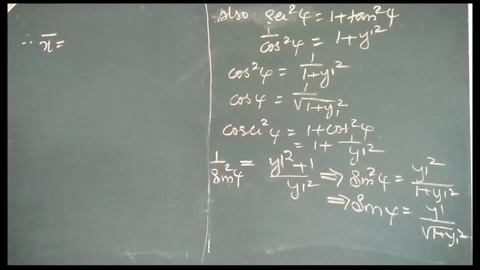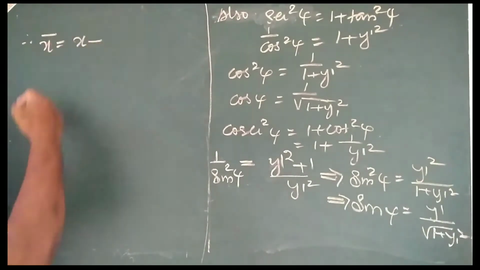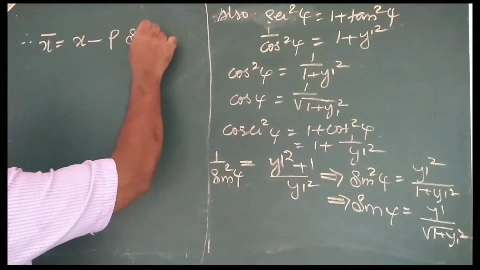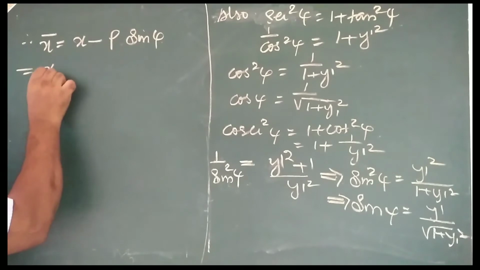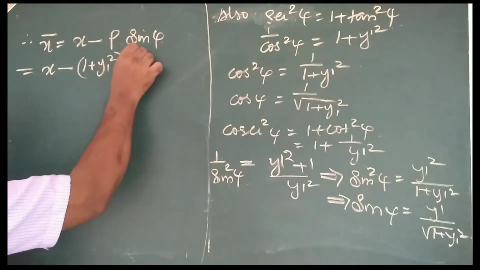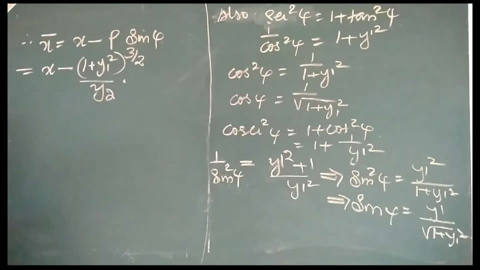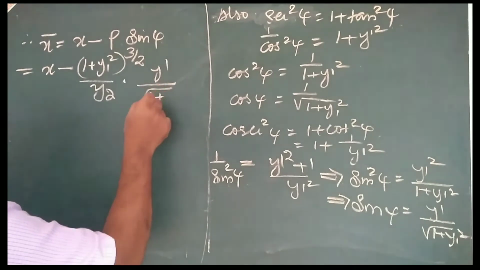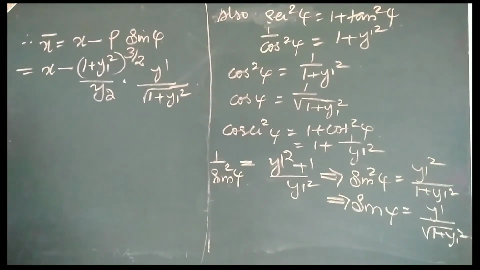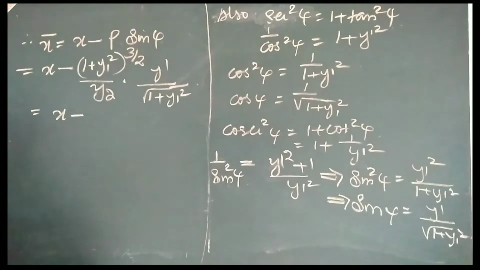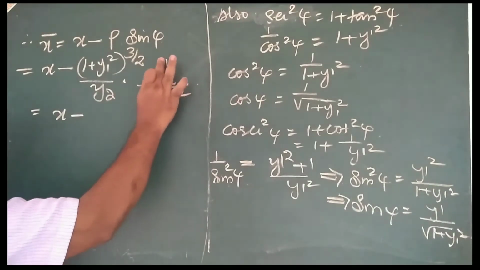X bar is equal to x minus rho into sin psi, equal to x minus rho, that is 1 plus y1 square whole power 3 by 2 by y2, into sin psi, that is y1 by root of 1 plus y1 square. We take not y dash, it is better y1.